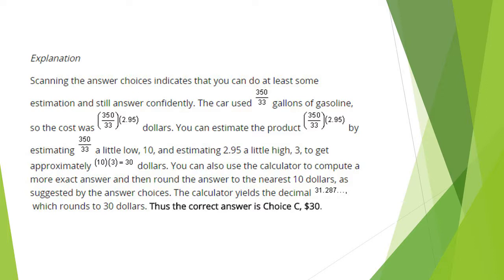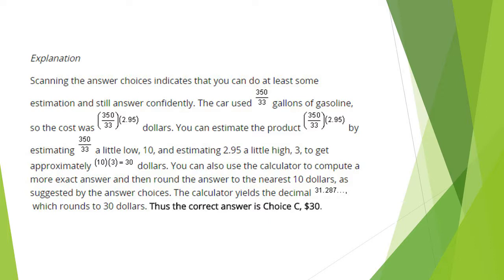You can estimate the product by estimating 350 over 33 a little low, 10, and estimating 2.95 a little high, 3, to get approximately 10 times 3 equals $30.